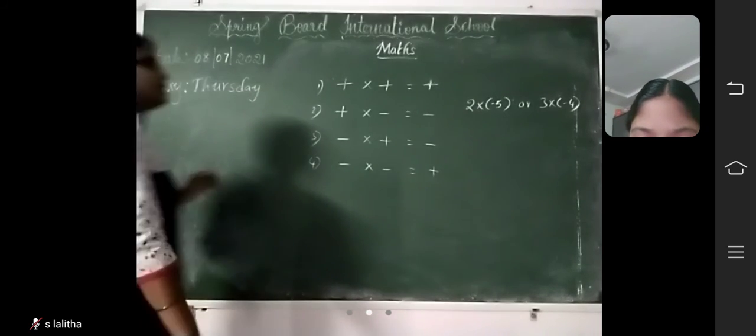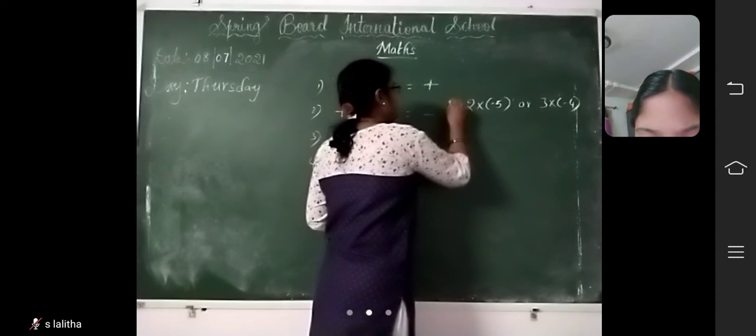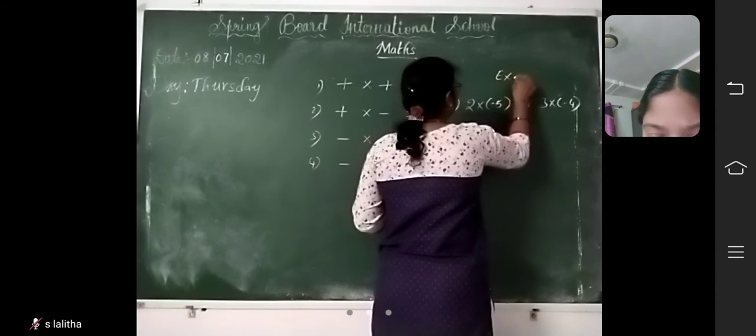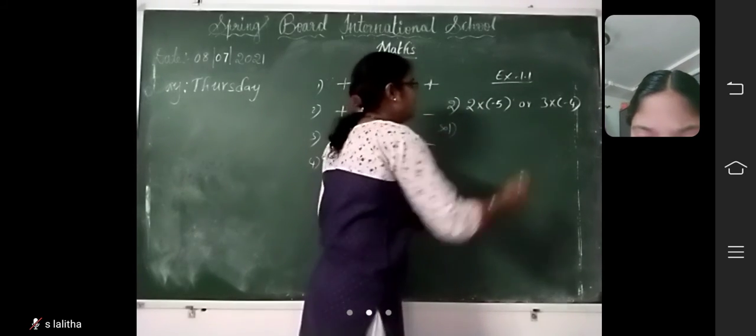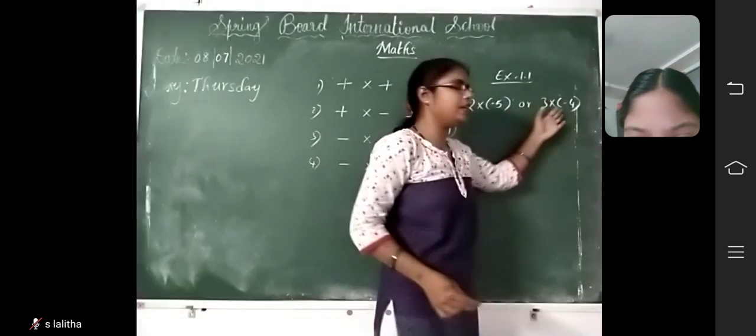So which one is greater? This is the second Roman, exercise 1.1. So which one is greater, 2 into minus 5 or 3 into minus 4?